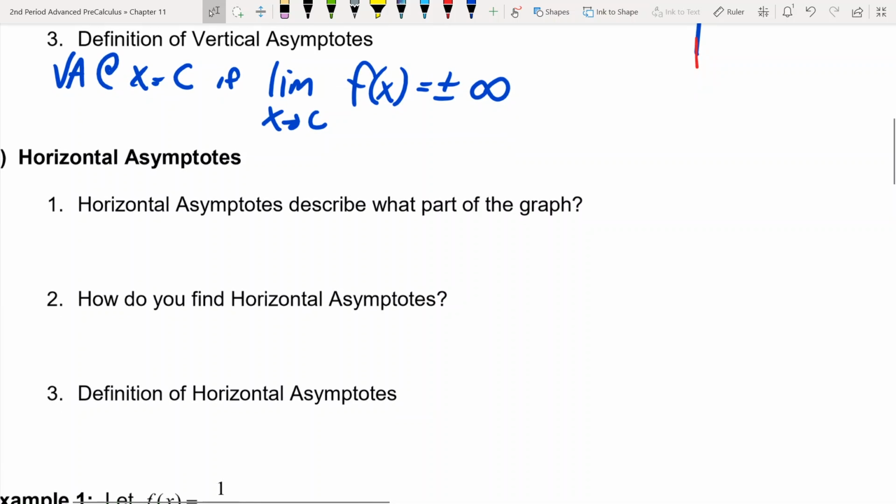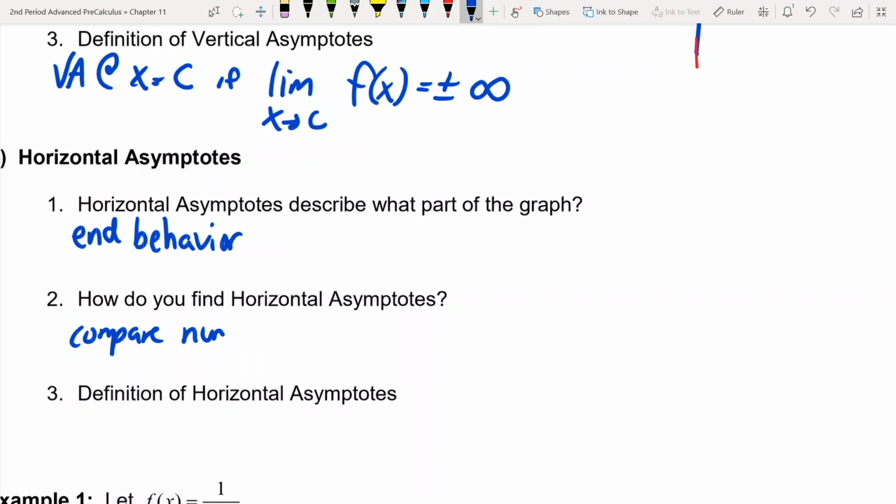The second piece are horizontal asymptotes. Horizontal asymptotes describe the end behavior. How do you find the horizontal asymptotes? You compare the numerator and the denominator's powers.